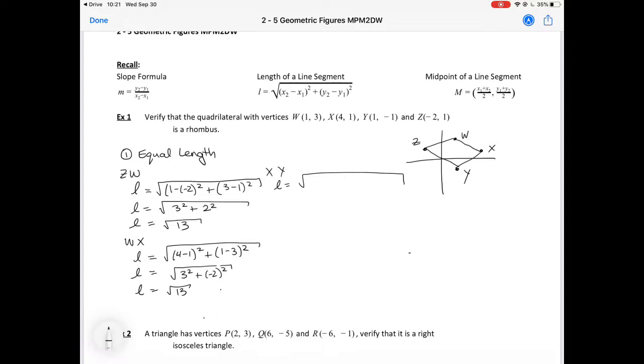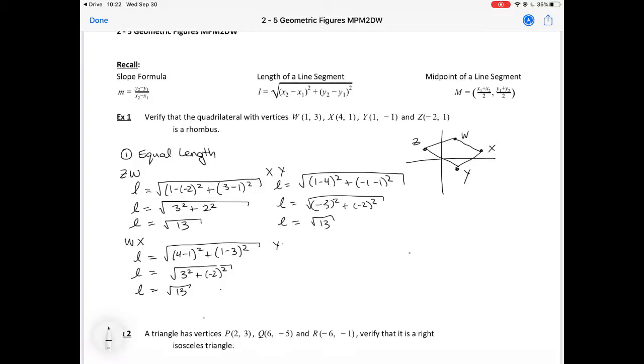So my length is going to be 1 minus 4 squared plus minus 1 squared. So L is going to be equal to minus 3 squared plus minus 2 squared, which again gives me root 13. Things are looking good.